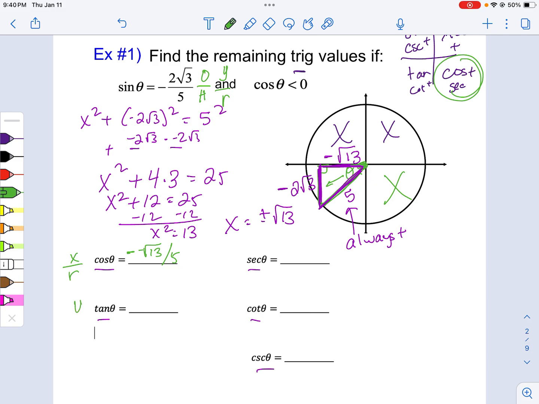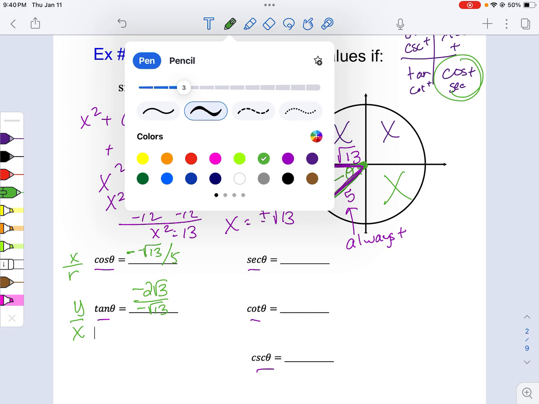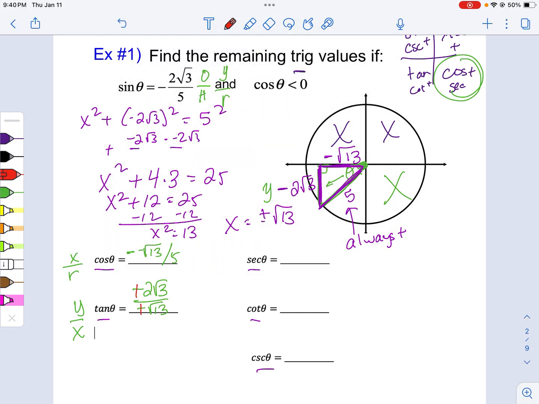Okay, tangent we know is y over x. So my y value is my opposite side, right? So this right here is my y value. So that's negative 2 root 3 over my x value, which is negative root 13. Okay, I know that 2 negatives gives me a positive, so this is going to turn to a positive. I also can't have a root in the bottom, so I've got to rationalize that by doing root 13 on top and bottom.